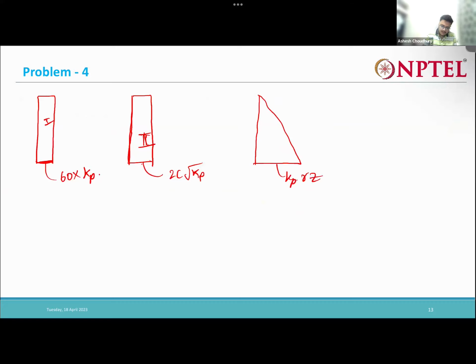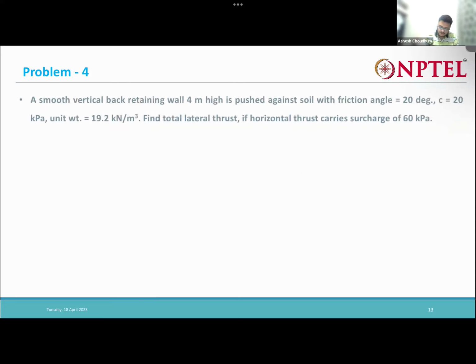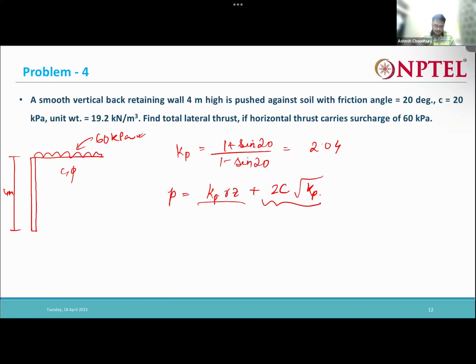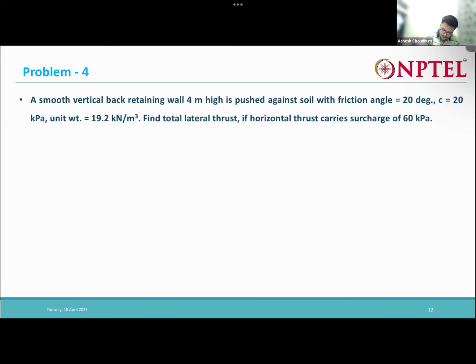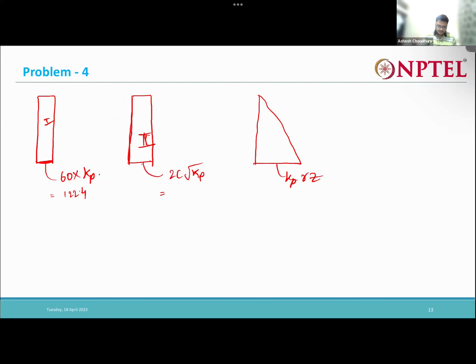Kp, that is 3. So how much is this: 60 into Kp, 60 into 2.04, it is 122.4. This one will be 2 into C; C is 20; 2 into 20 into root over 2.04, that is 57.13.